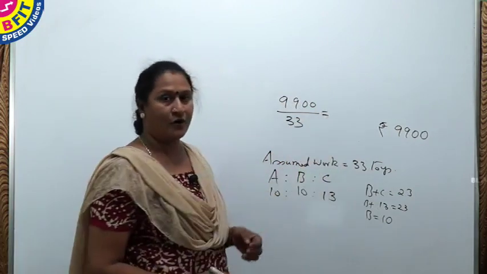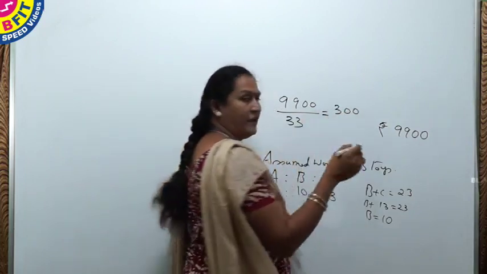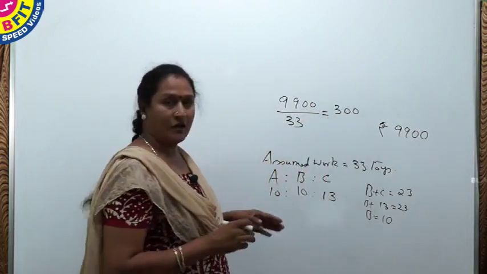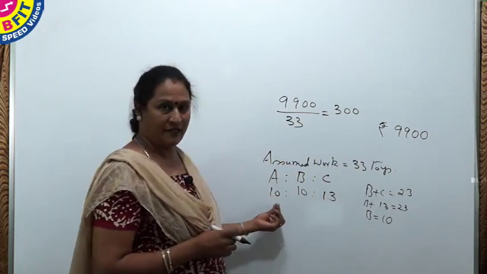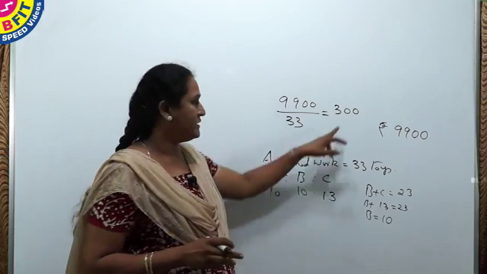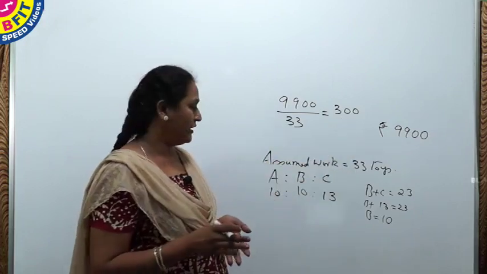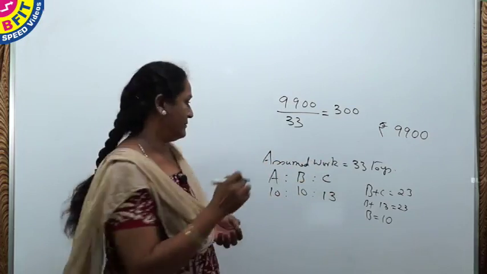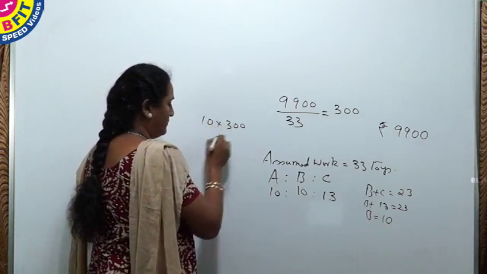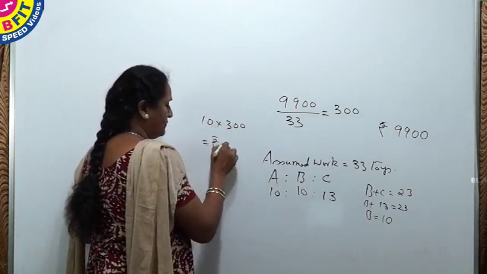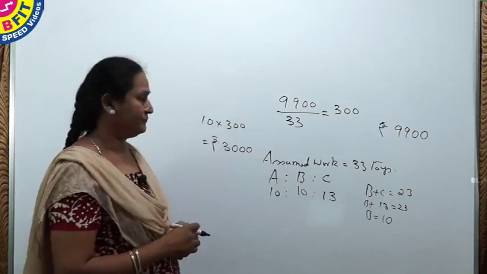So payment for each toy is 300 rupees. Now we are asked to find the wages got by A. A has done only 10 toys. For one toy he receives 300, so for 10 toys he will receive 10 into 300, 3,000 rupees. So the answer is 3,000.